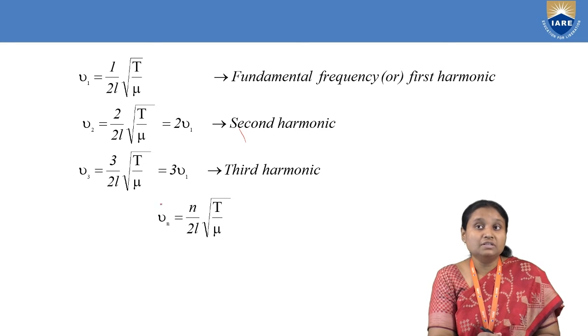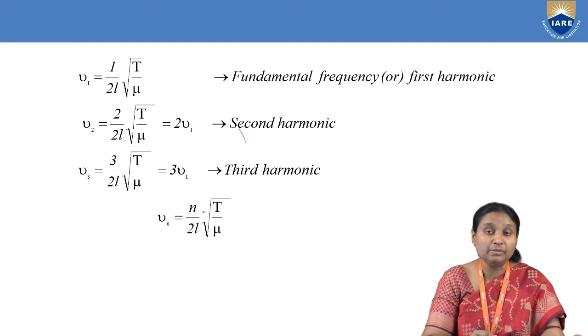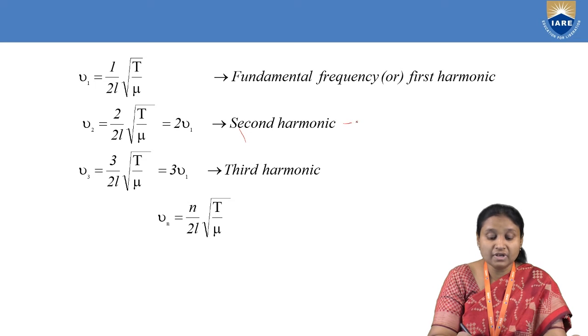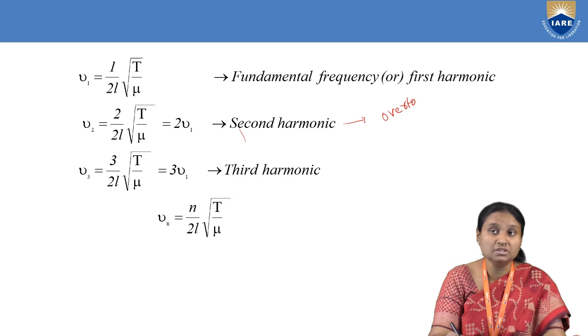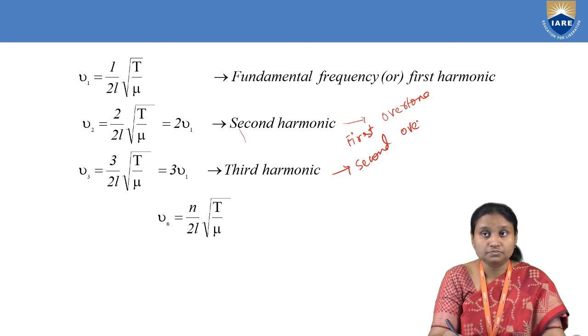So frequency of vibration of string is integral multiple of fundamental frequency. Here we are saying it as second harmonic, or we can also say first overtone, and this one third harmonic, or it is called second overtone.